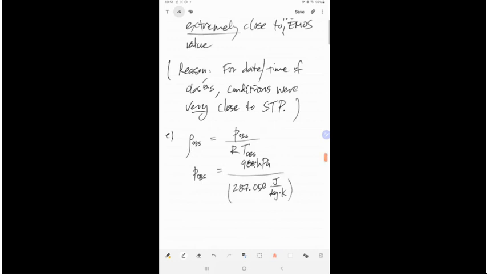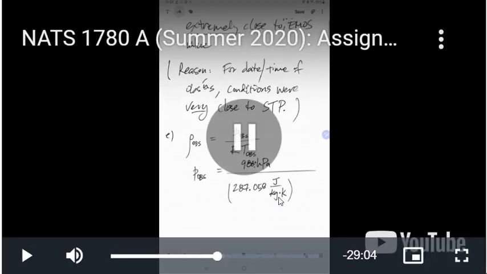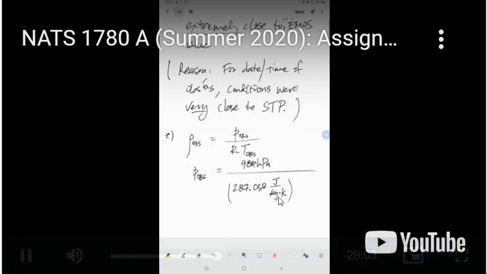That's a bit of a mouthful, isn't it? So R is the constant that applies in the case of the ideal gas law. That's what I'm trying to say.